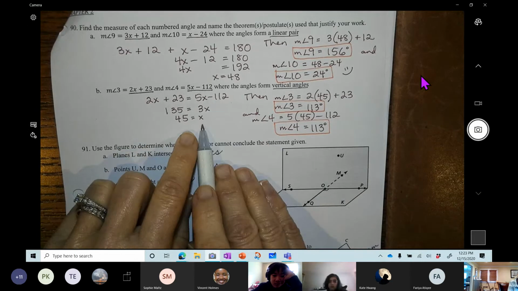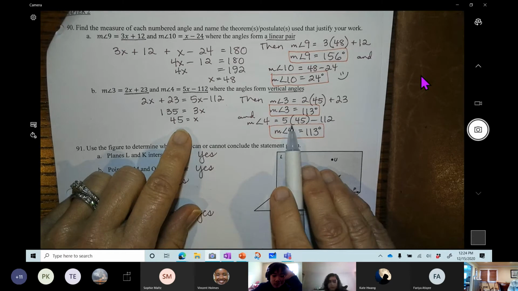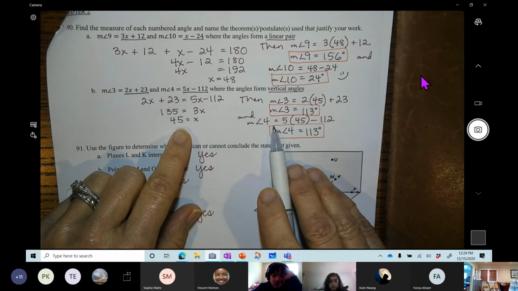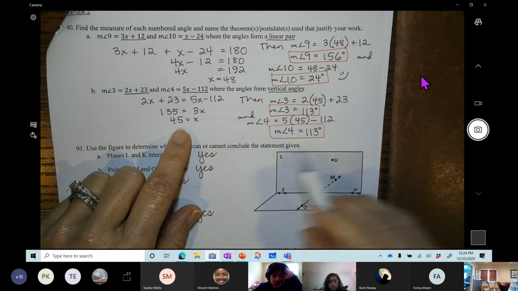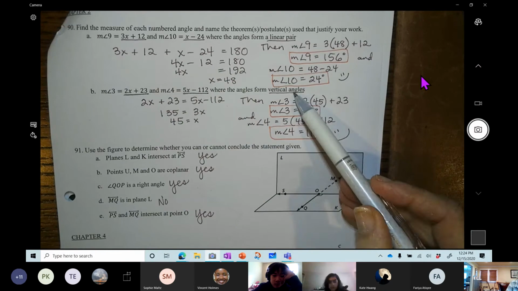I got x equals 45. Again, not the answer, but now I can plug this in. So for measure of angle 3, I plugged in the 45 here. I got 113. For number 4, I plugged in the 45 here, and I got 13. And again, I'm giving myself an even bigger smiley face, because those are vertical angles.